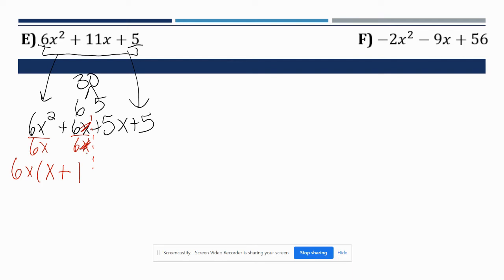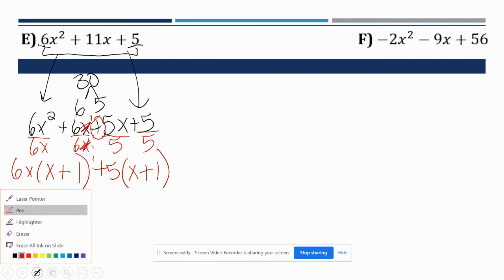X to the first and x to the first, 1 minus 1 is 0, so there's no x left. Our right side starts with addition. Our common factor between 5x and 5 is 5. 5x divided by 5 is 1x, plus 5 divided by 5 is 1.